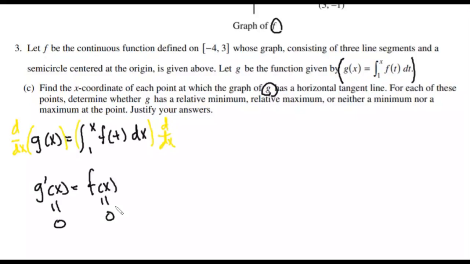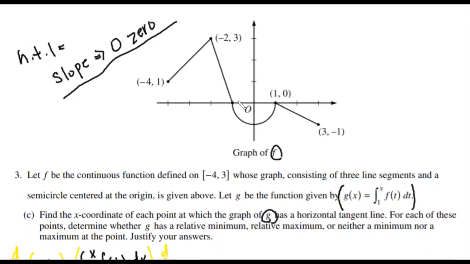So g prime x has to be 0 because the problem asks us to find the x-coordinate that has a horizontal tangent line, whose slope is 0. That's why f of x is also 0.